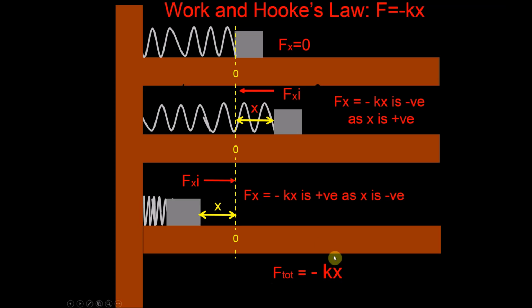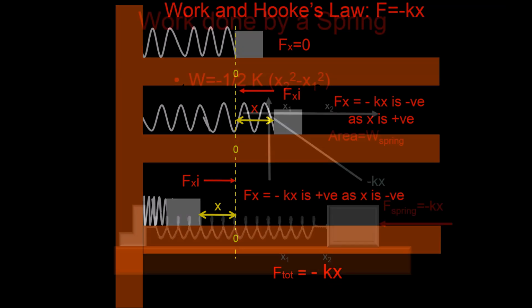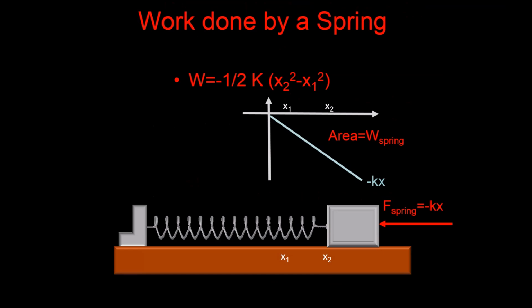You always end up with an equation of F equals negative kx. And that means the work that's done by a spring always gives us minus 1/2 kx squared, the area of the F-s graph. And this is worth remembering. So x1 and x2 are essentially the positions that our spring starts at and ends up at.